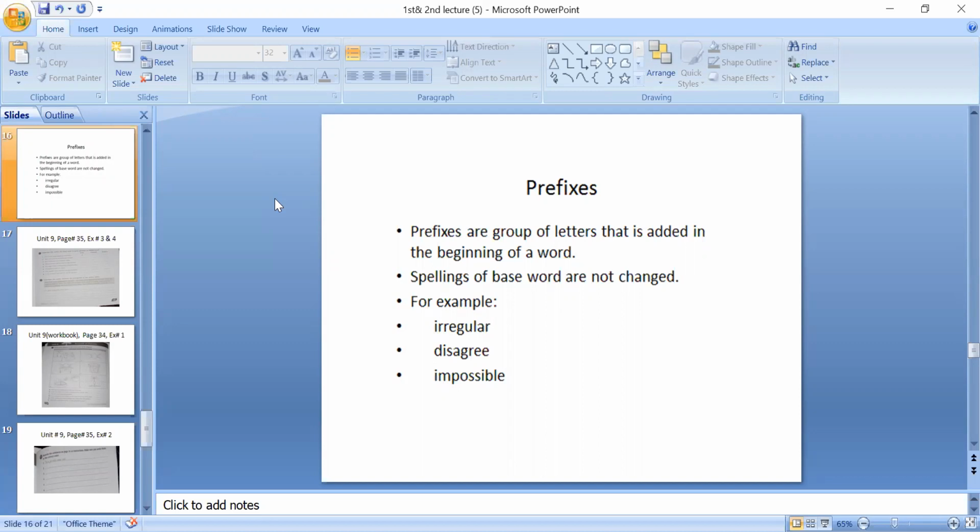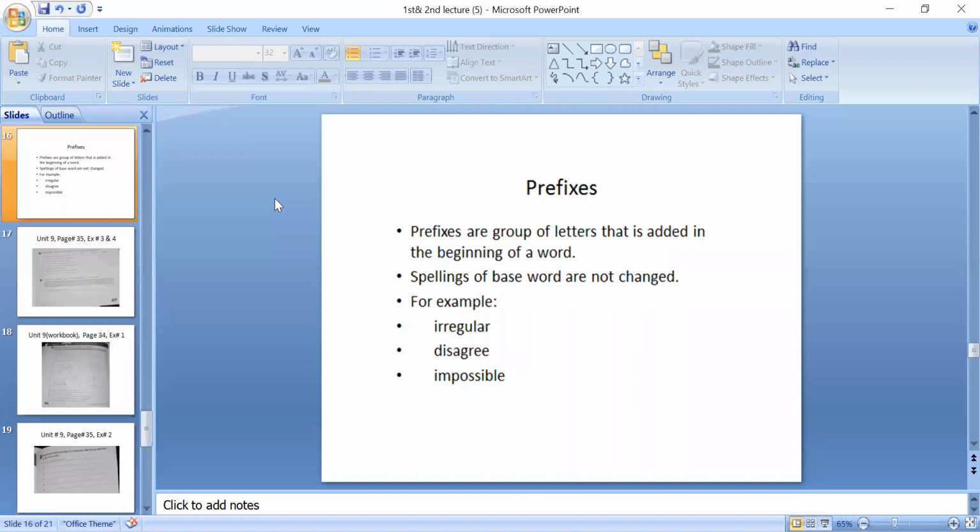For example, the base word is regular. When we add a prefix in the beginning of the word, it will become irregular. Next word is disagree. Agree is the base word. When we add a prefix before it, it will become disagree.